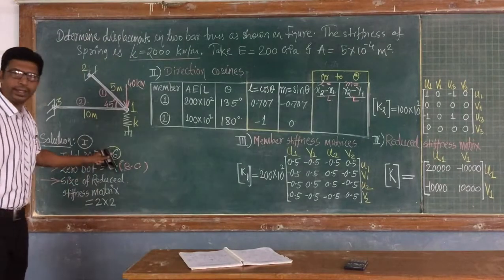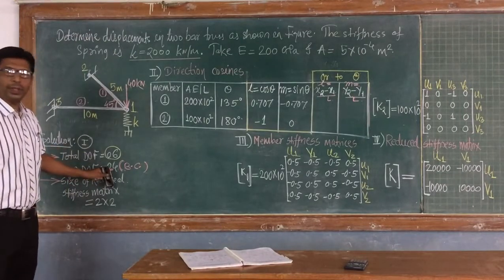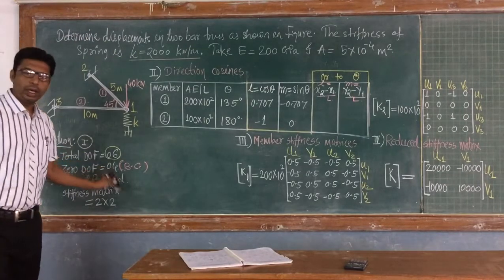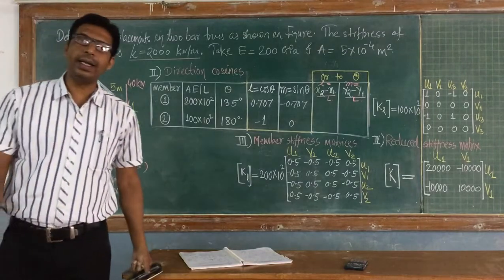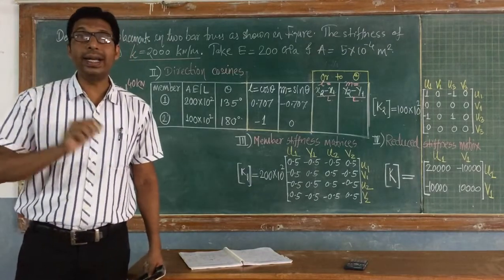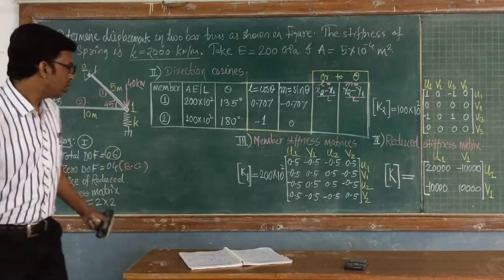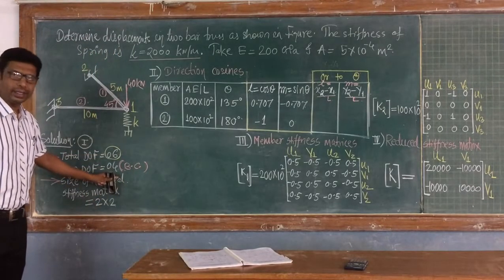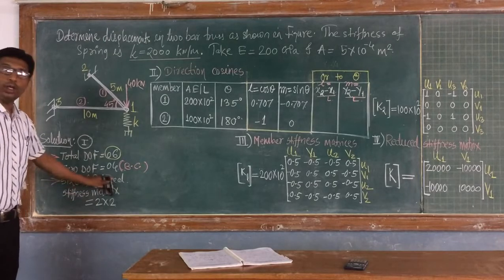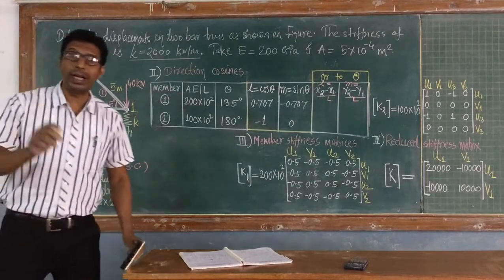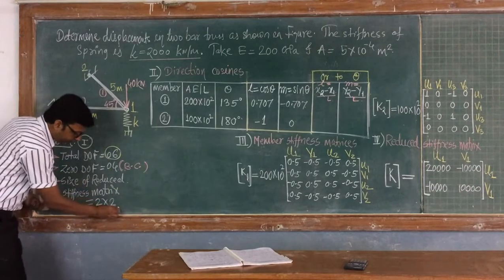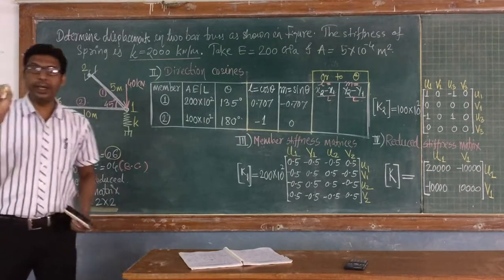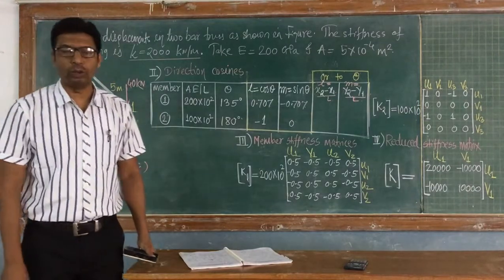So out of 6, 4 displacements are 0. 0 displacement means it is also called as boundary conditions. Okay? So out of 6, 4 are 0. It means size of reduced stiffness matrix will be 2 by 2.